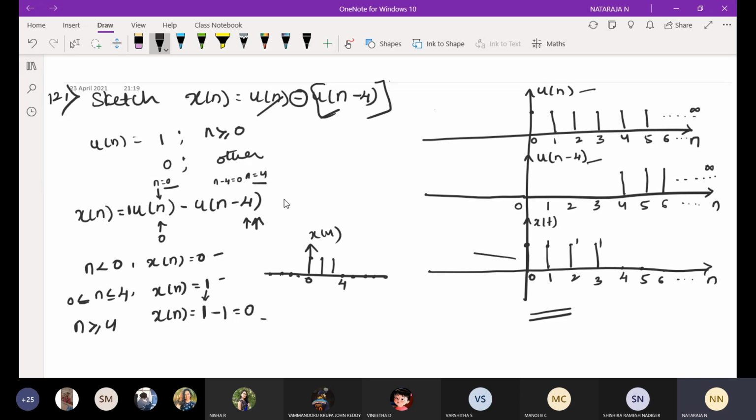See, comparing these two signals, both are the same. Sorry, I messed up. 1, 2, 3. From 4 it will be 0.